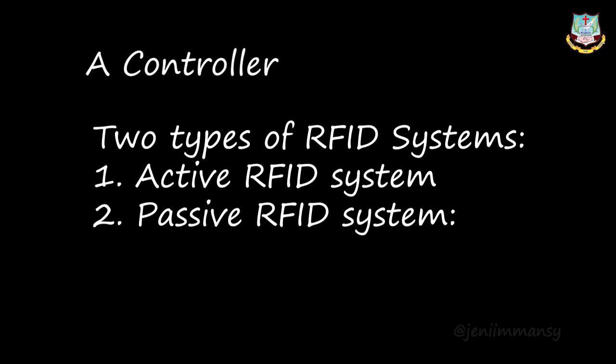Passive RFID means this tag gets the power from the reader antenna to the tag antenna, right? This is used for shorter range transmission. If it has to reach a long distance, we'll use the active RFID system. And if it is a short range of transmission, here we'll use the passive RFID system, right?